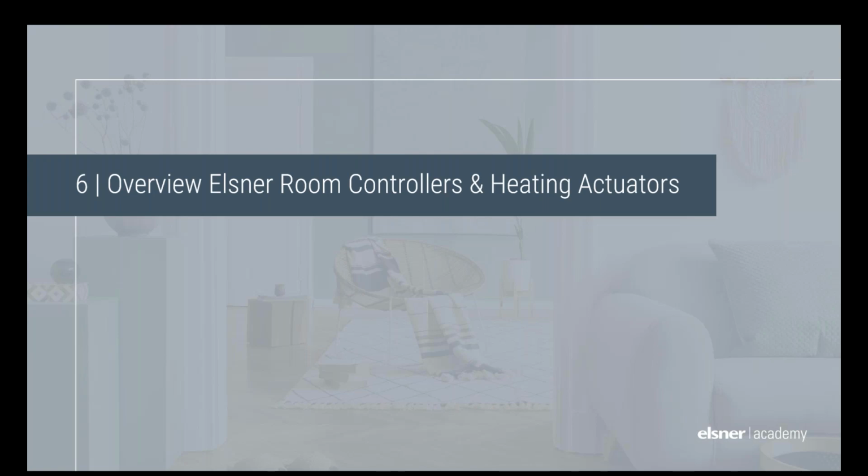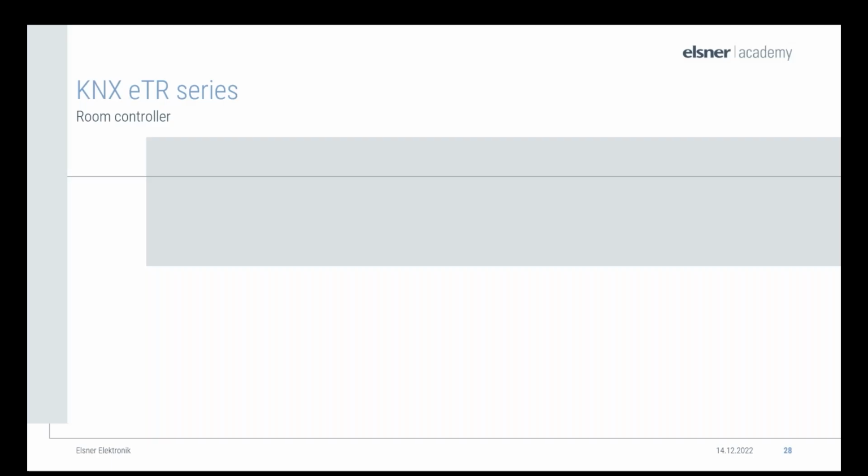As mentioned several times already, we're going to have a look at the overview of Elsner room controllers and heating actuators. Many of them we have already seen in today's webinar and the graphic schemes. Let's get into it. First of all, it's actually one of my favorite series that we ever had, and also definitely a high runner we have in our portfolio right now. This is the ETR 101.